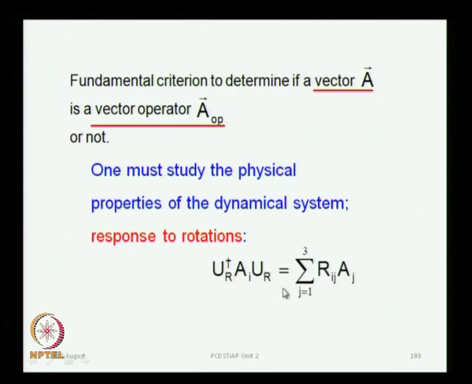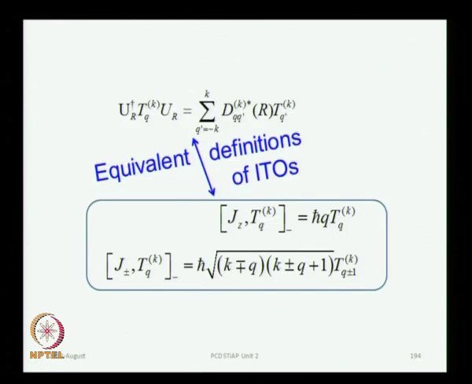okay. So, we have discussed this rule, and we have seen that the Wigner D matrix elements appear in these transformations. This is the transformation of an irreducible tensor operator of rank k. You are taking the qth component, and this is the defining relationship.